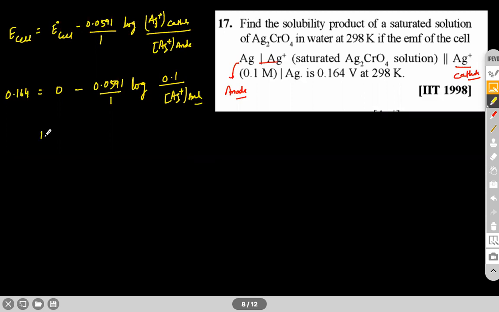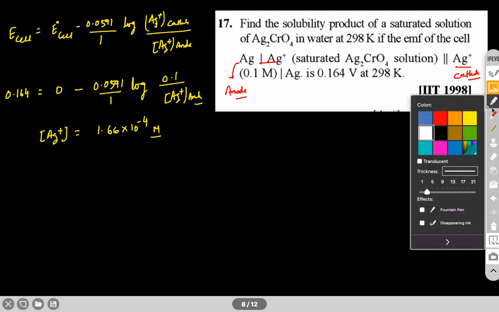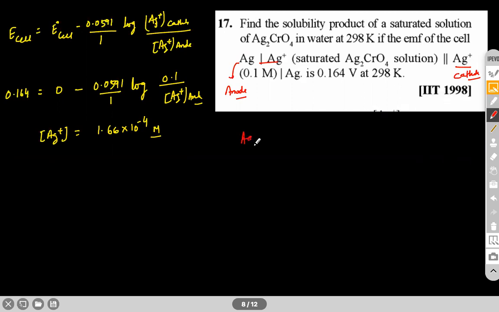Now, when you solve this, you'll get the concentration of Ag+ at the anode, and that is 1.66 into 10 to the power minus 4 molar, right? So when you look at the dissociation of the salt, which is Ag2CrO4 here, it dissociates as 2Ag+ and CrO4 2-.